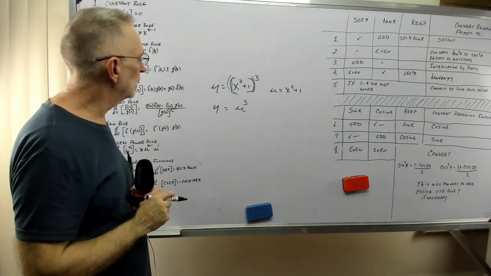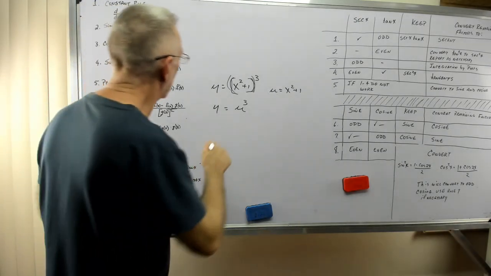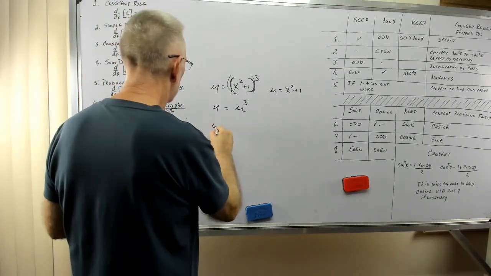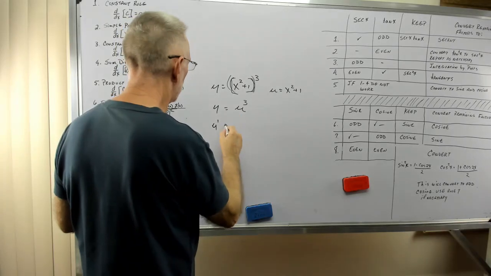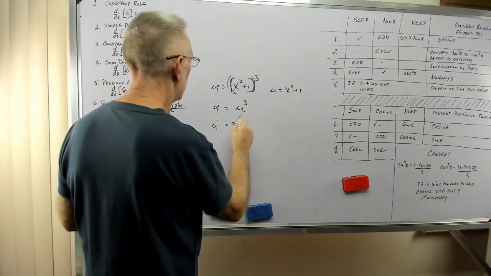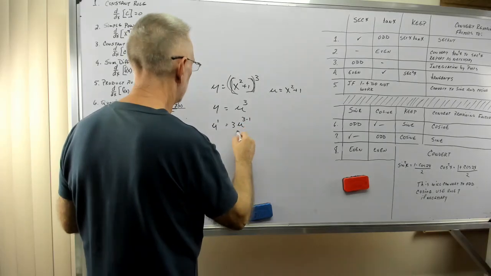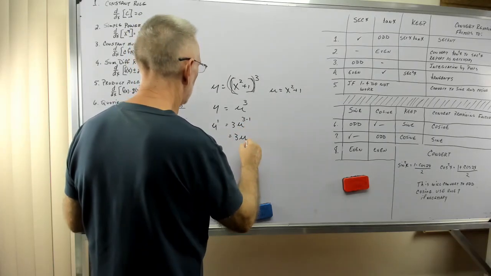Wow, that seems pretty simple. Now I can just use a simple power rule here if I'm trying to take the derivative of u cubed. Bring down the 3, u to the 3 minus 1, and that's 3u squared.